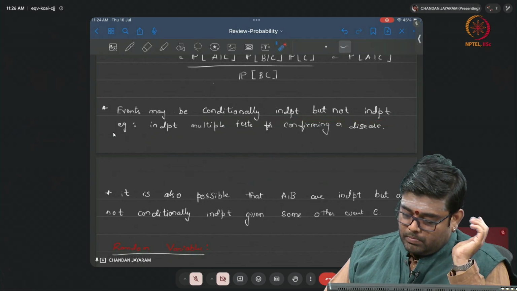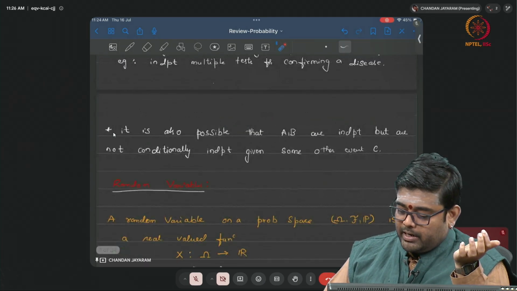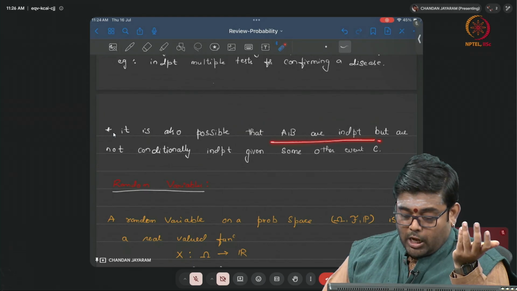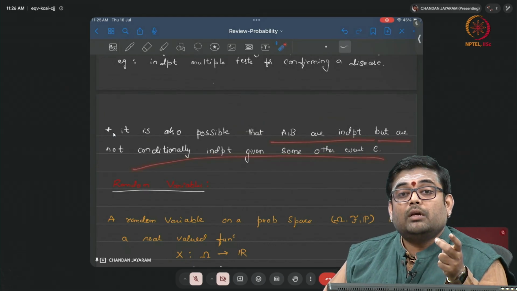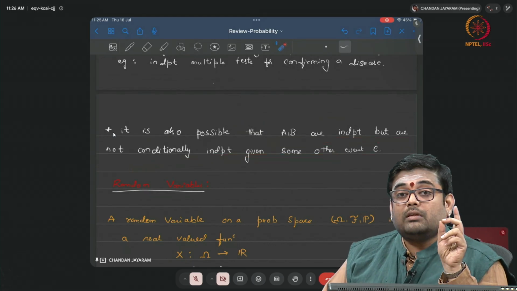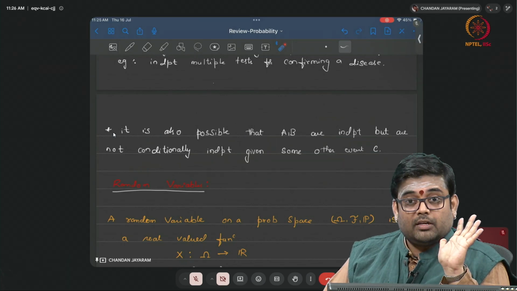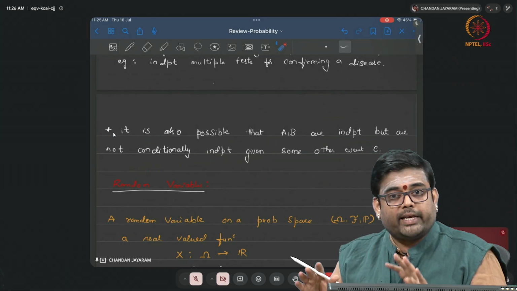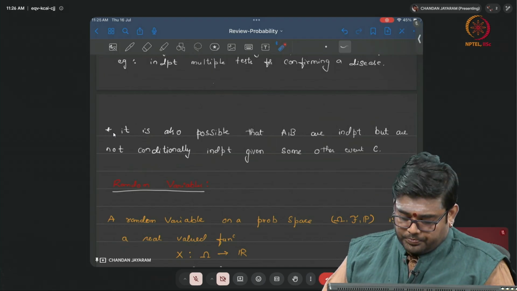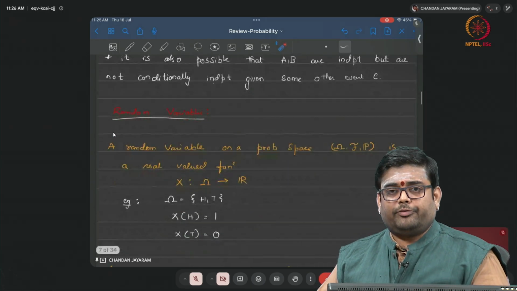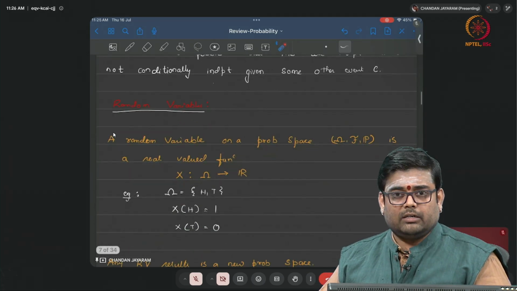Okay. So now it is also possible that A and B are independent but are not conditionally independent given another event C. Okay. So now we should be aware of these corner cases to take into consideration. Okay. Now these are a couple of interesting properties that we should remember.